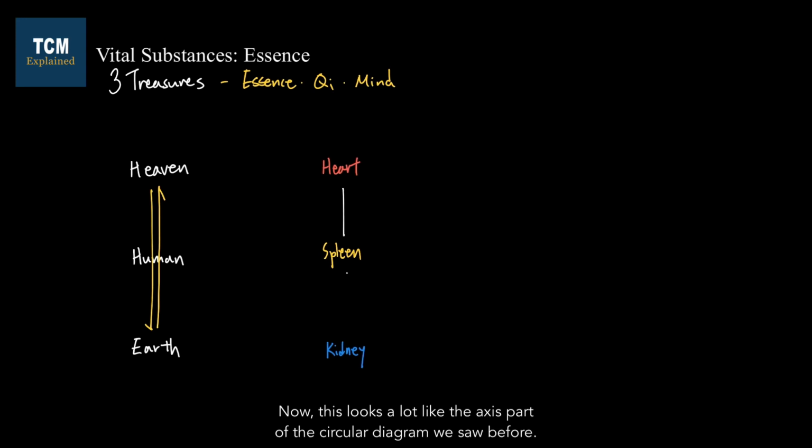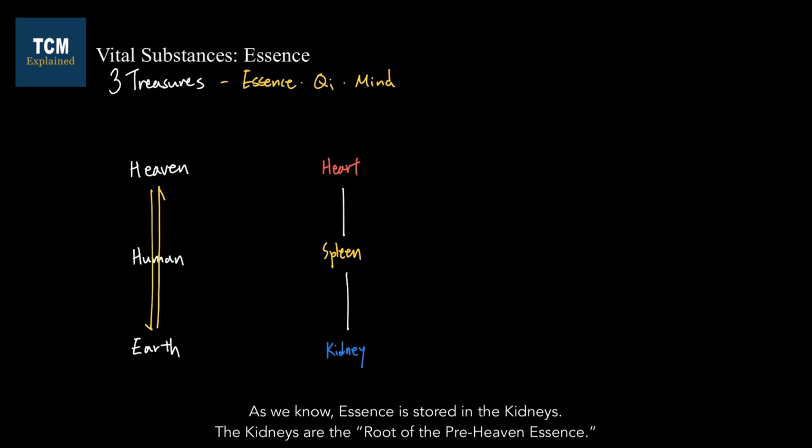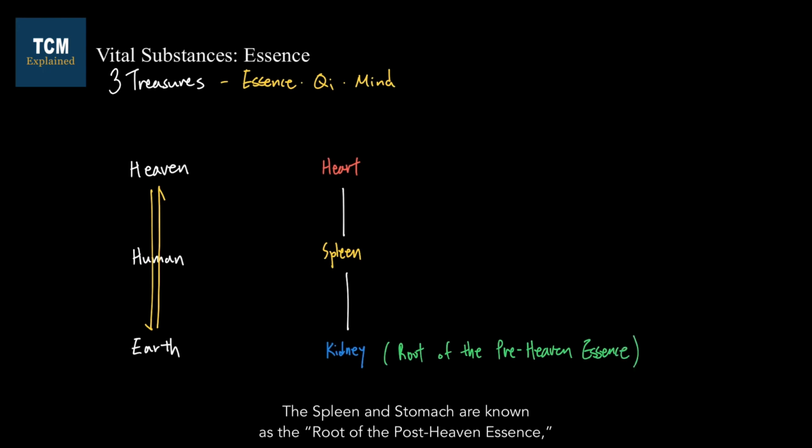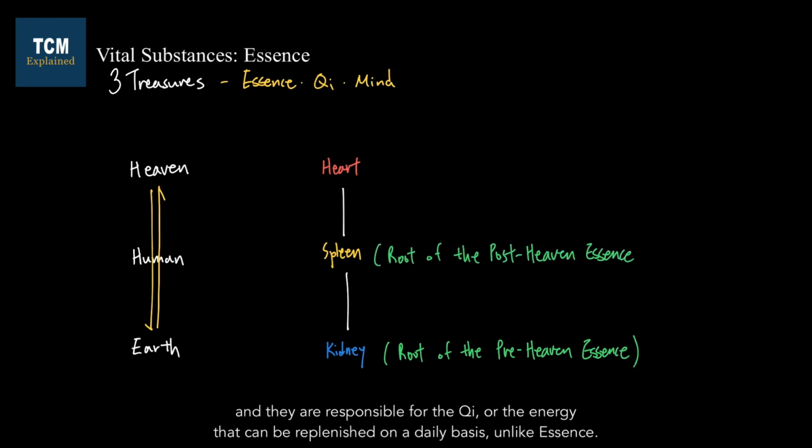Now this looks a lot like the axis part of the circular diagram we saw before. As we know, essence is stored in the kidneys. The kidneys are the root of the pre-heaven essence. The spleen and stomach are known as the root of the post-heaven essence, and they are responsible for the qi, or the energy that can be replenished on a daily basis, unlike essence.